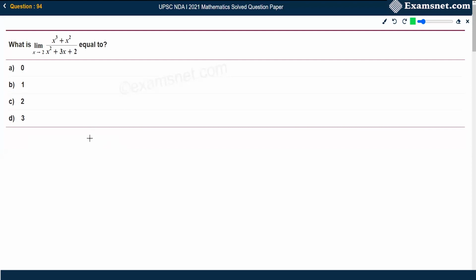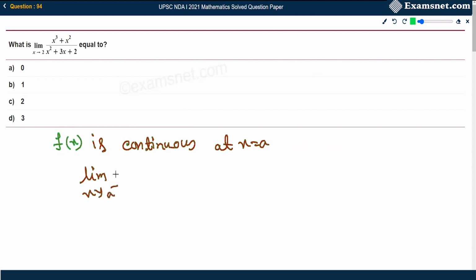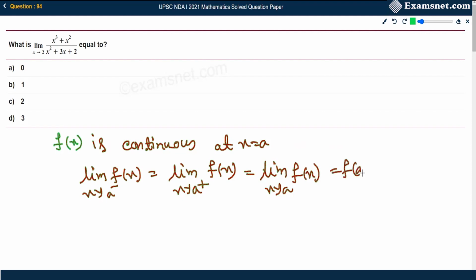If we wish to represent it mathematically, then f(x) is continuous at x equals a, that means the limit as x tends to a minus of f(x) equals the limit as x tends to a plus of f(x). That means the right hand limit and left hand limit both exist and equal the limit as x tends to a of f(x). Okay, and we will get the value as f(a).